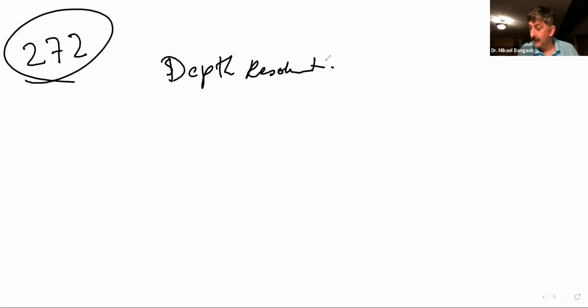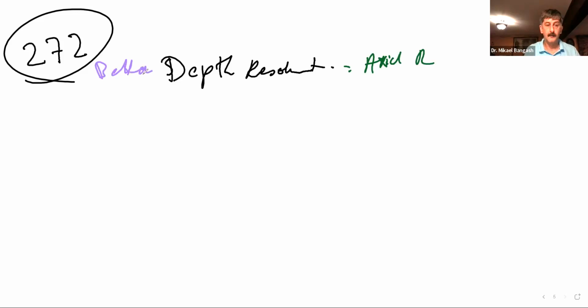Which of the following changes would create such a system? Depth resolution is just another name for the famously known axial resolution. And what do we want to achieve? A better axial resolution or depth resolution.